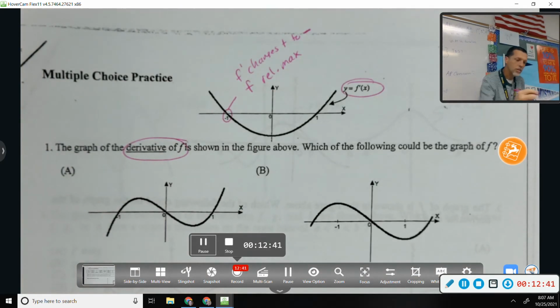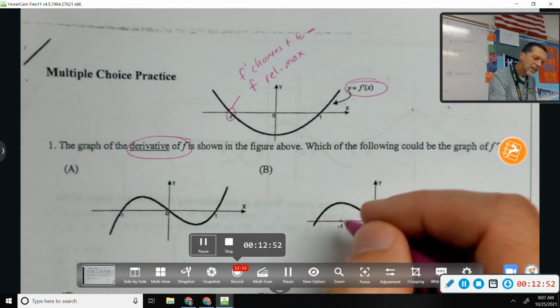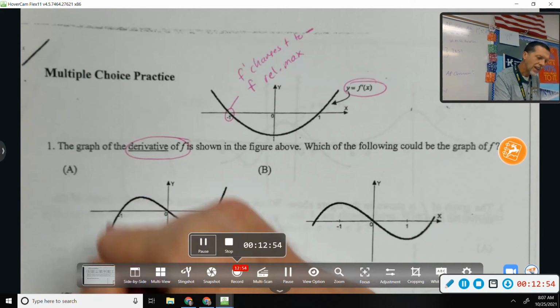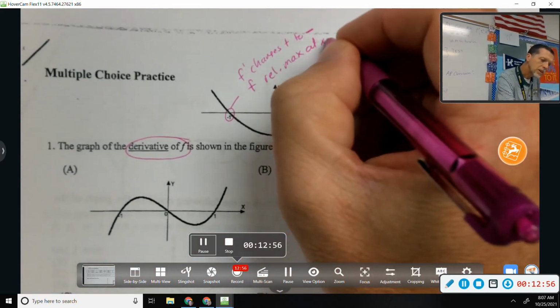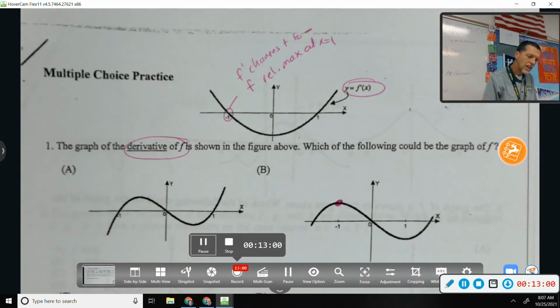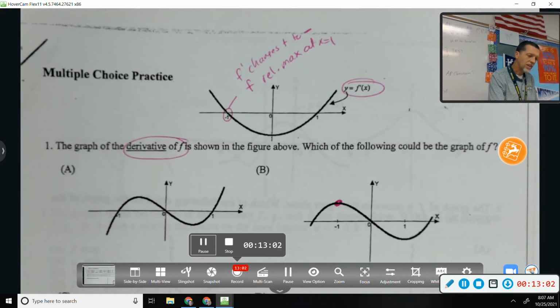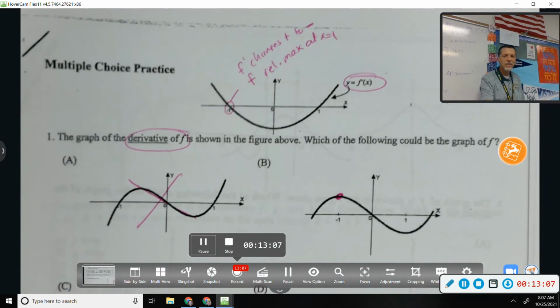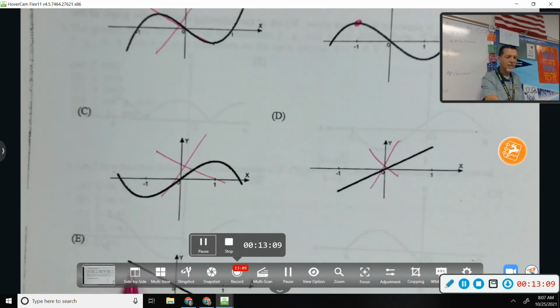Okay, so there's a relative max at x equals negative 1. So it almost has to be B. E is a maybe, but it's definitely not A. Relative max at x equals 1. So that looks good. C is definitely out. A is out. D is out. A little curious about E because is that a max? It's kinda.